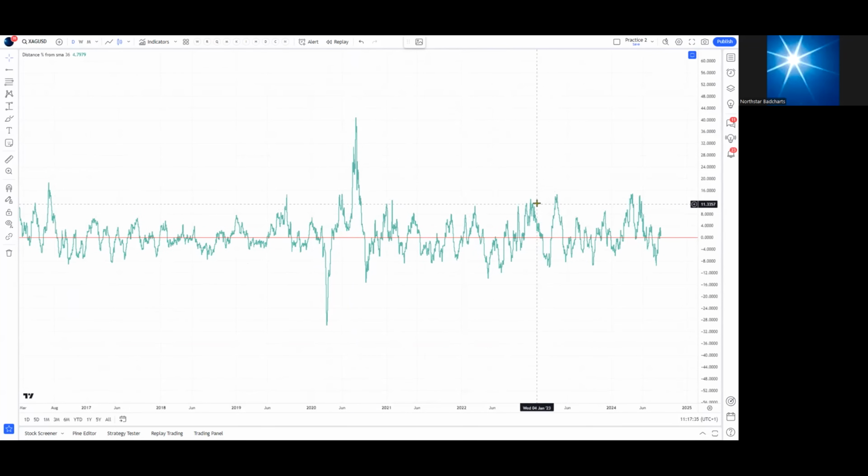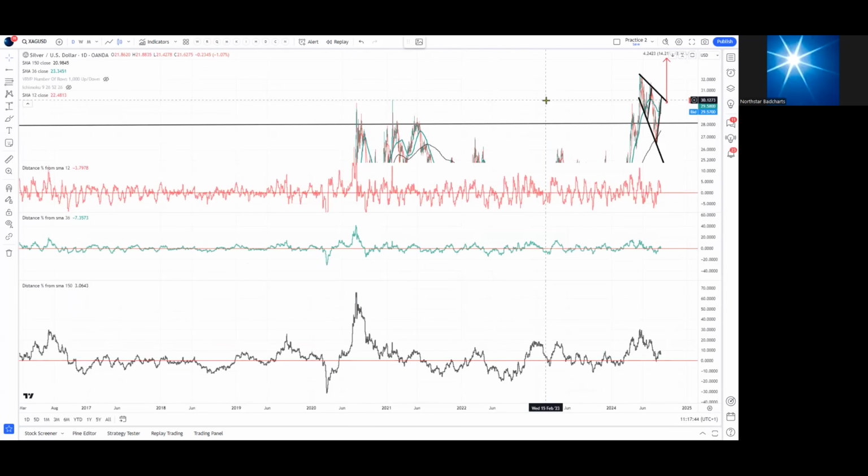You can see all these multiple occasions where we get to 12 to 14% above the moving average, and then price retreats. So where is 12 to 14% above the 36 period moving average?